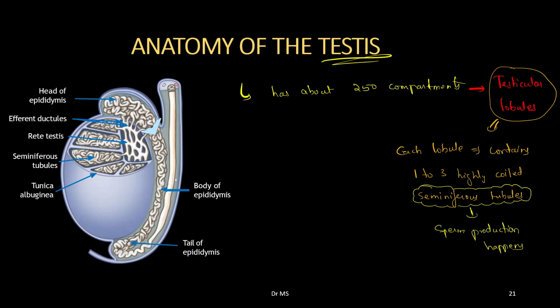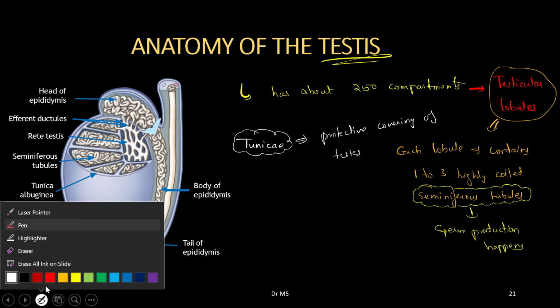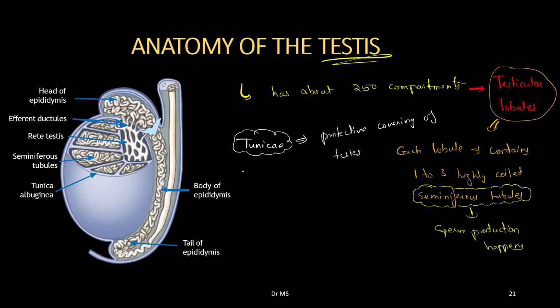So the tunica is the protective covering of the testis, made up of three layers: the outermost layer, the middle layer, and the inner layer.